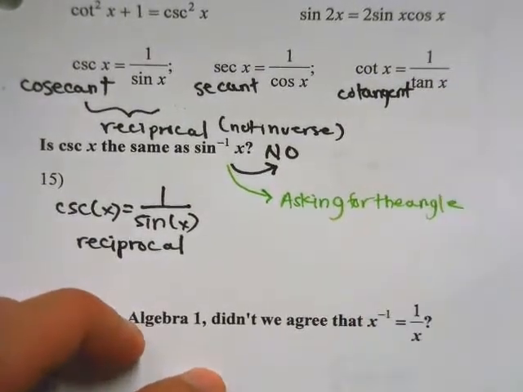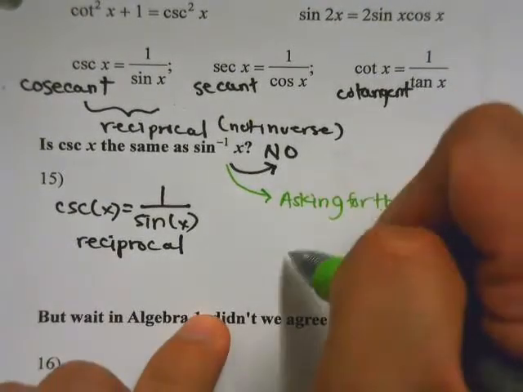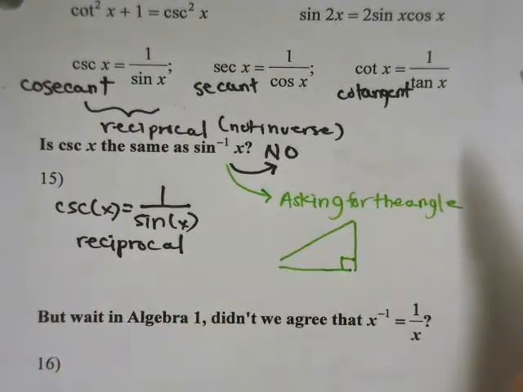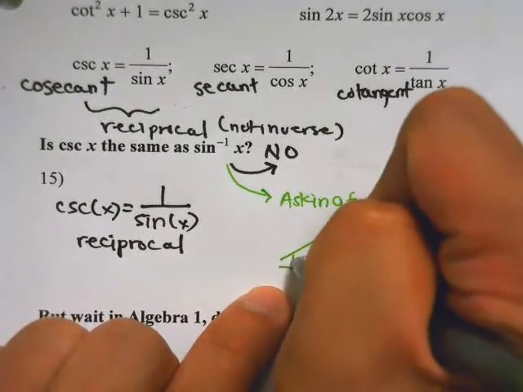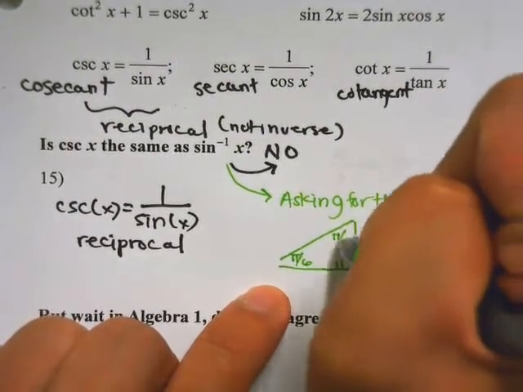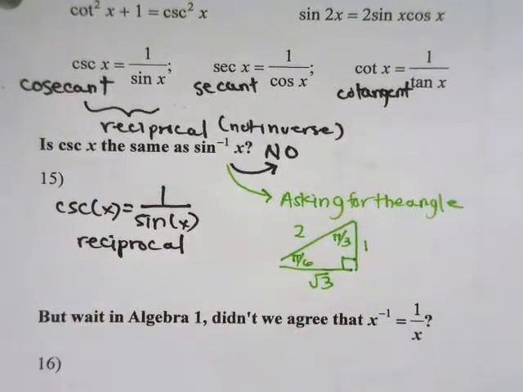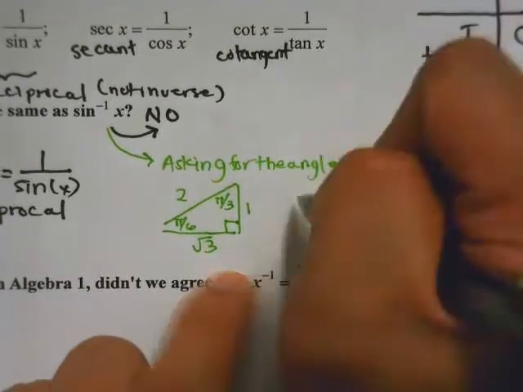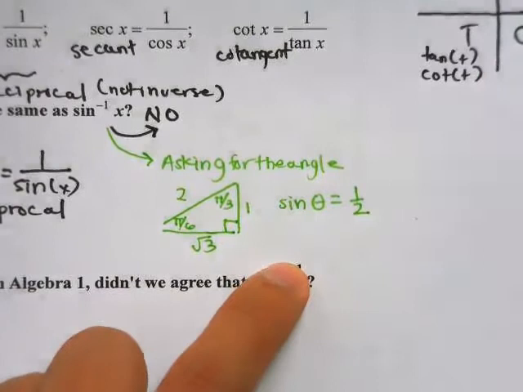And actually, I'm going to improve some of the notes after this. So say, for example, we have something like this: pi over 6, pi over 3, 1, 2, square root of 3. And then we're left with this.